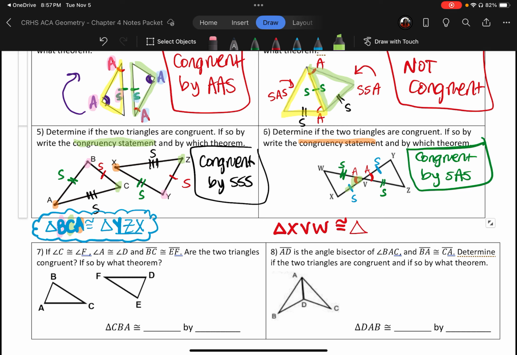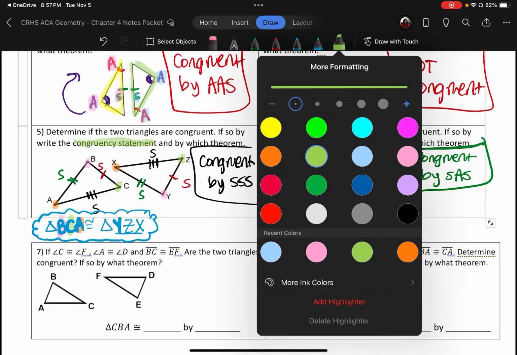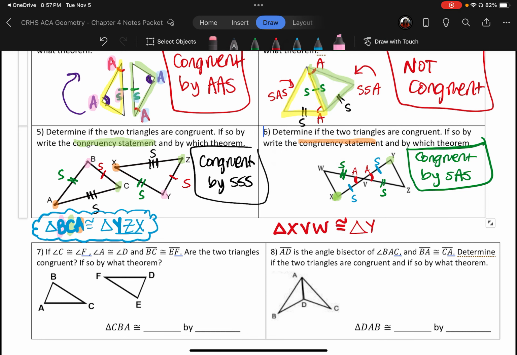X is at the very end of that. So X here would match up to the red angle and the blue side ending with Y. So this would be congruent to triangle, we start with Y. Again, it's a matching game. Please slow down here because a lot of people make mistakes here.